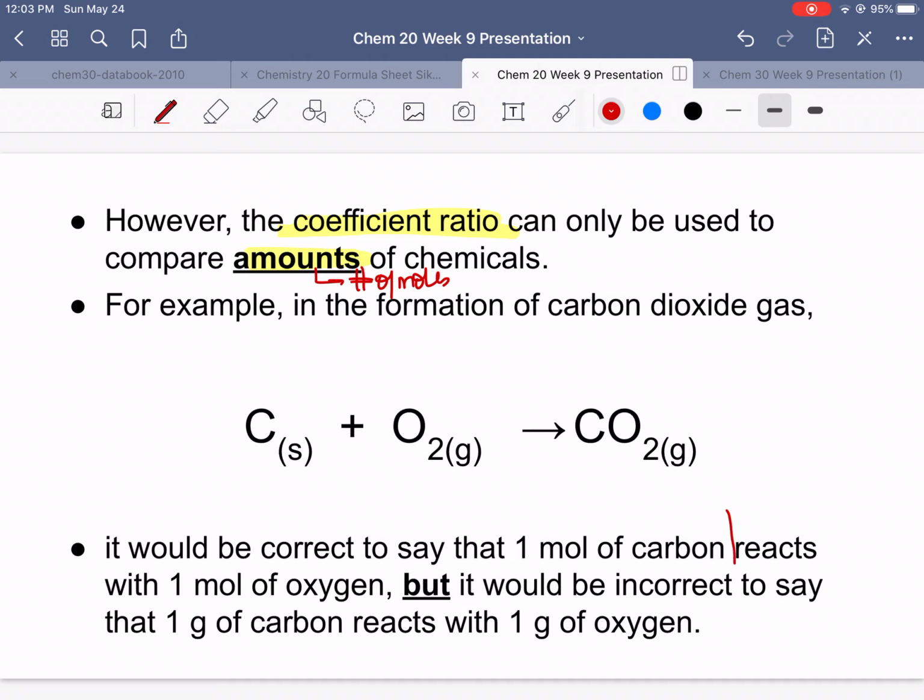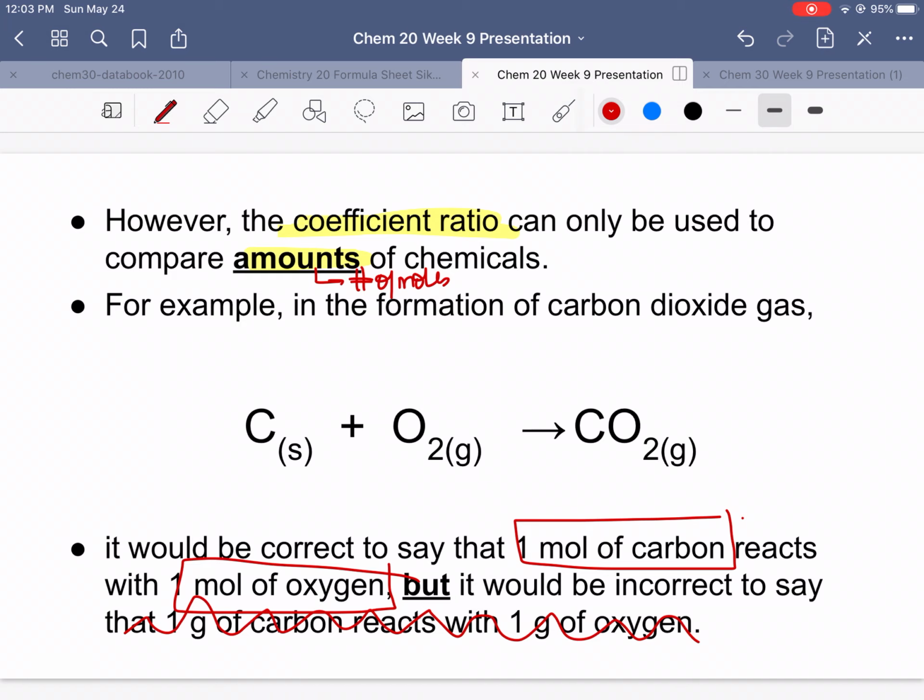We would say exactly 1 mole of solid carbon reacts with exactly 1 mole of oxygen. That's a mole ratio, 1 to 1. But it would be completely wrong to say 1 gram of carbon reacts with 1 gram of oxygen. So moles are not equivalent to mass. In other words, 1 mole does not equal 1 gram.